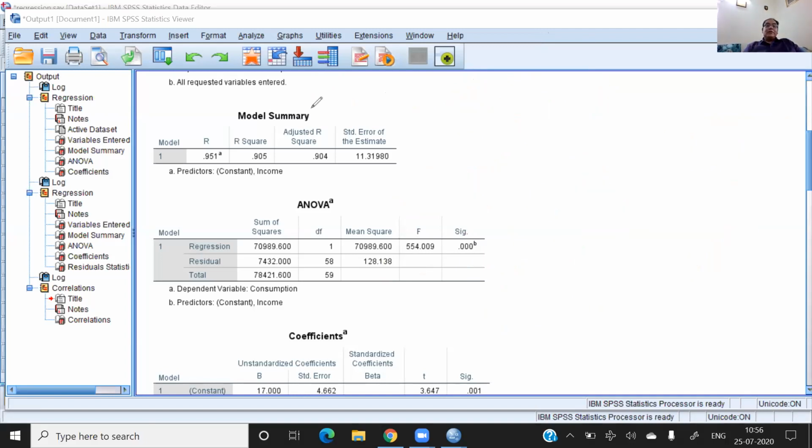So the third value is adjusted R square, right? So what is adjusted R square? Let me explain you with the help of whiteboard. Okay, now I'm going to explain you the adjusted R square. Now I told you the last property of R square.